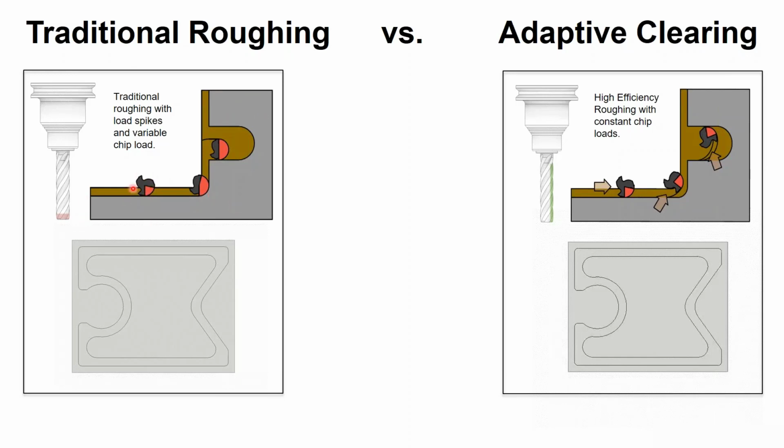This is the milling tool that we can see here. With traditional roughing, we only machine with a small Z depth at a time. When cutting in this area, we can see the red section of the tool. That is the section of the tool that is in cut, the load of the milling tool.